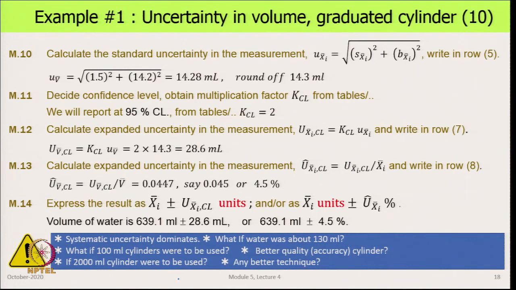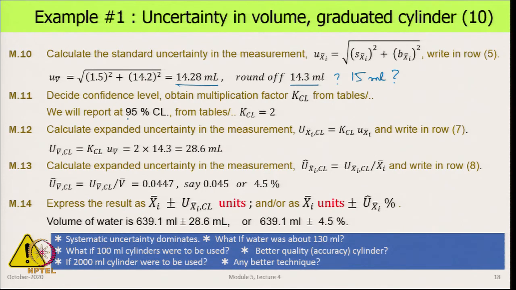Then we do the last sequence of steps, which will also take us to table M3. We will see that in a minute. We calculate the standard uncertainty in the measurement, which is the square root of this and this, which is 14.28. We round it off to 14.3. The question is, should I report this as 15? We will come back to it in a minute.